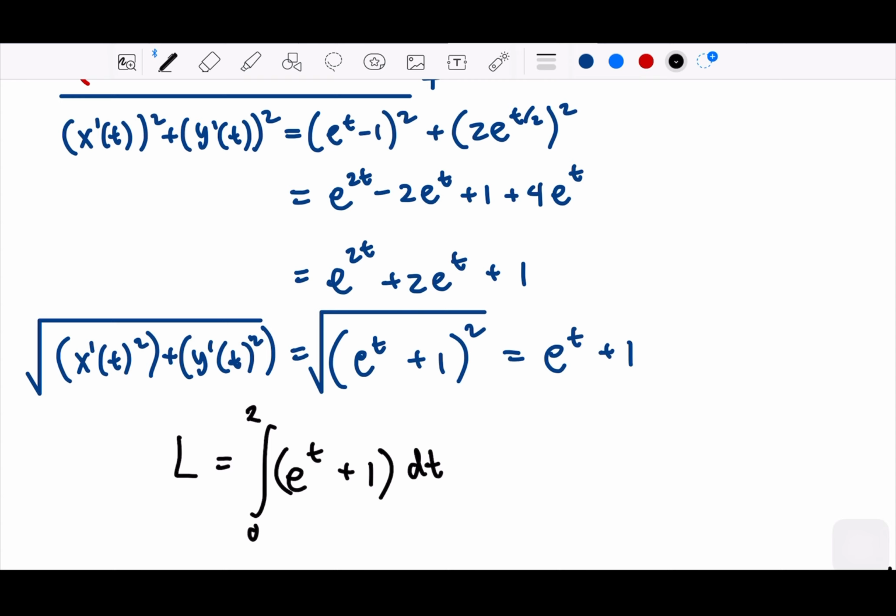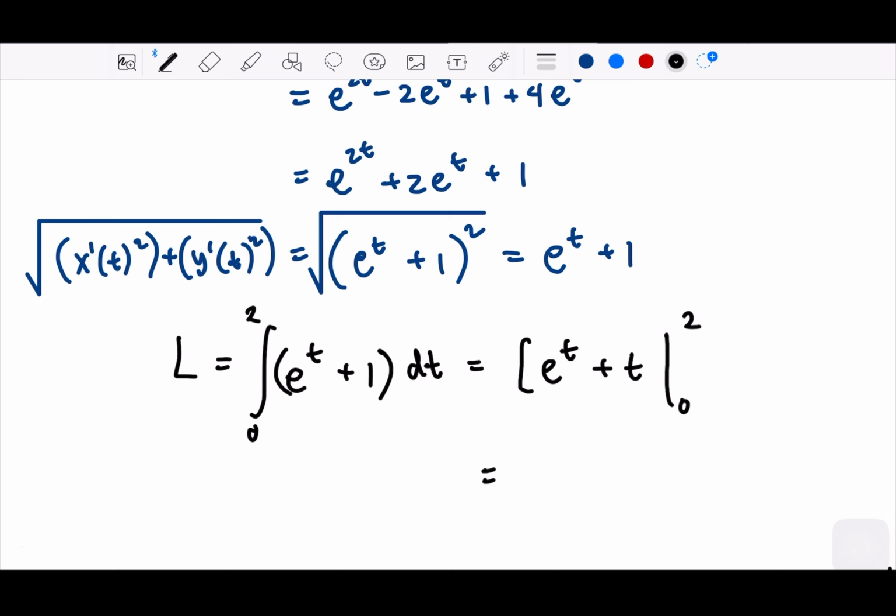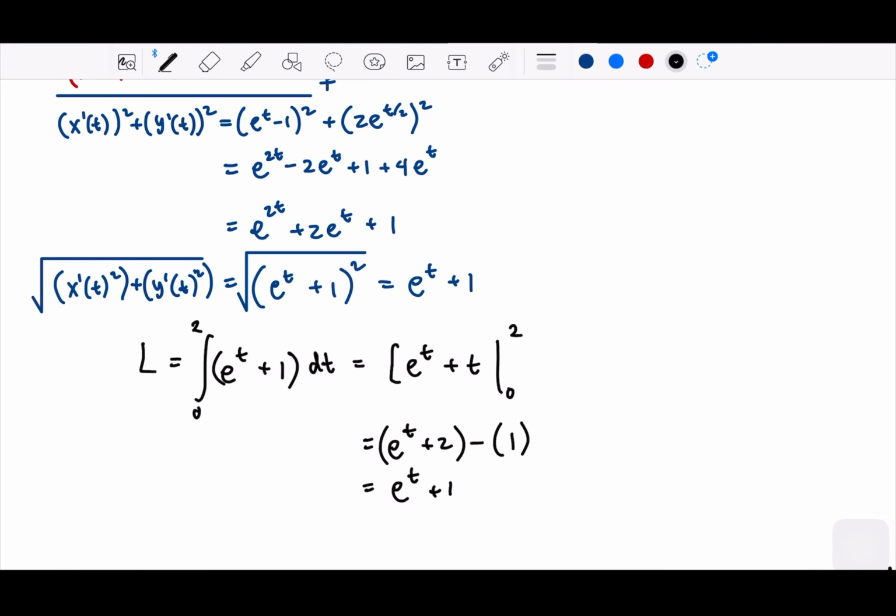So we don't need to worry about the negative part. And then take integrations. This will be e to the t plus t from 0 to 2. So e squared plus 2 and then minus 1, or this is e squared plus 1. Okay, I think that should be okay, right?